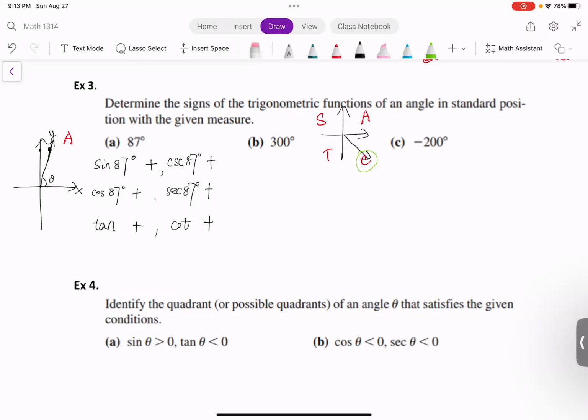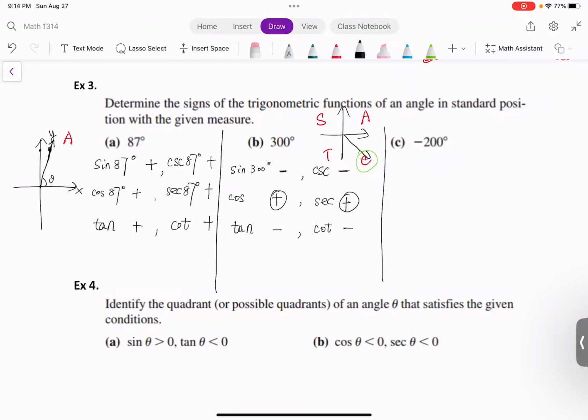That means when finding sine 300, I can ignore the degree. Sine in the fourth quadrant is negative, and cosine is positive. How about tangent? Tangent in the fourth quadrant is negative. How about their reciprocals? Cosecant, negative. And secant, positive, because they have the same sign. How about cotangent? Cotangent, negative.